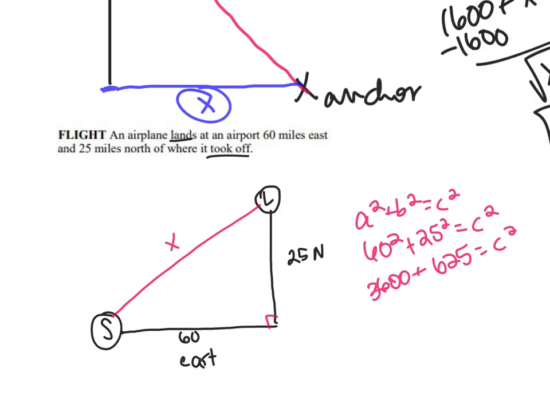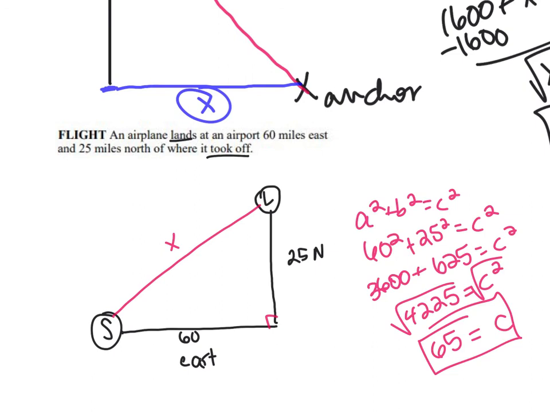So 3600 plus 625 is 4225. We want to find just c, so we take the square root. And when we take the square root of 4225, we get a total of 65 miles. So x would be 65 miles.